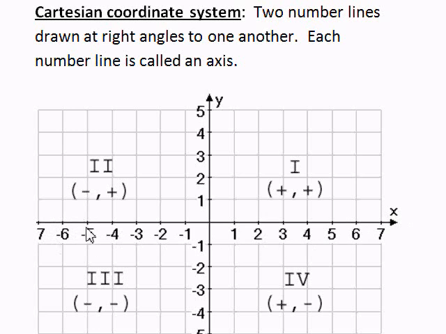It goes from negative on the left to positive on the right. The number line that goes up and down is called the y-axis, and it goes from negative on bottom to positive on top. Each of these number lines is called an axis, the bottom one being called the x-axis, and the one going up and down being called the y-axis.